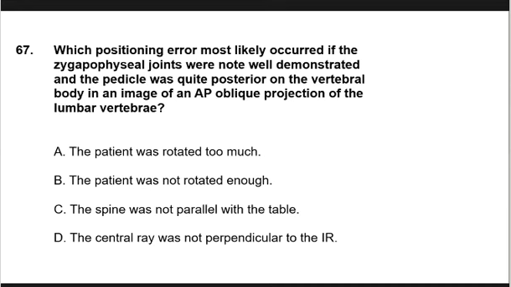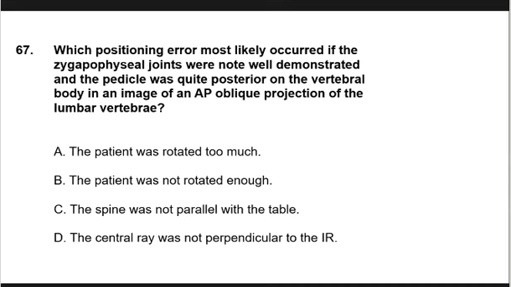Now, which positioning error most likely occurred if the zygapophyseal joints were not well demonstrated and the pedicle was quite posterior on the vertebral body in an image of an AP oblique projection of the lumbar vertebrae.